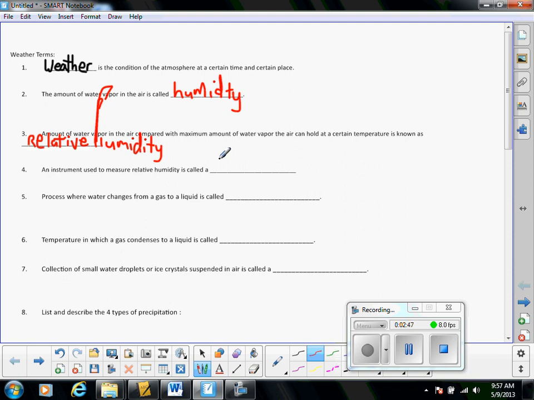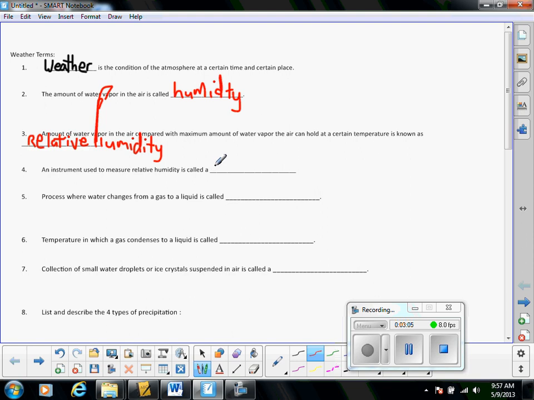Now, in the summertime, when it's warmer, because the air molecules are farther apart, it can hold more water vapor. Okay, so it feels more humid in the summer than it does in the winter.